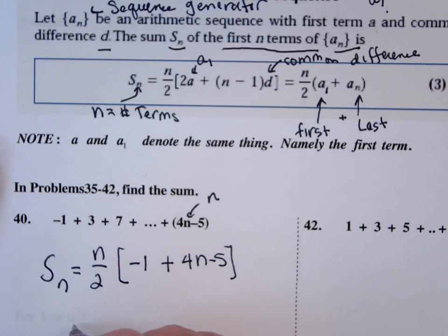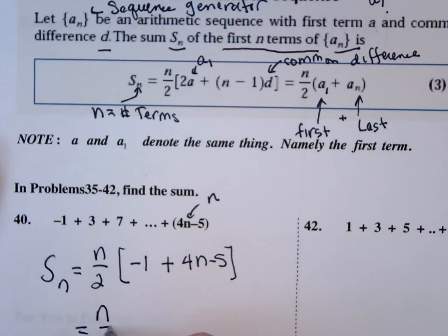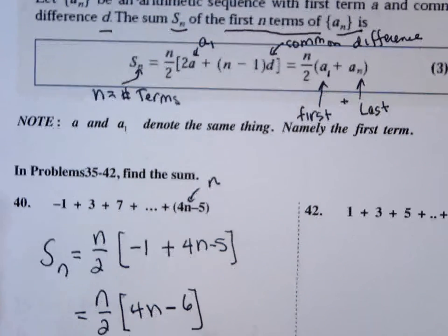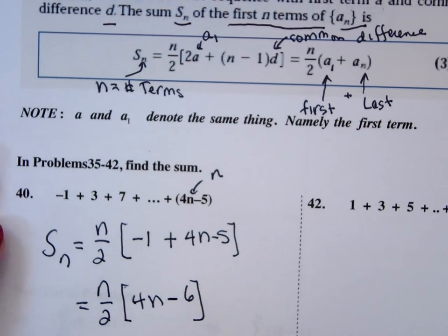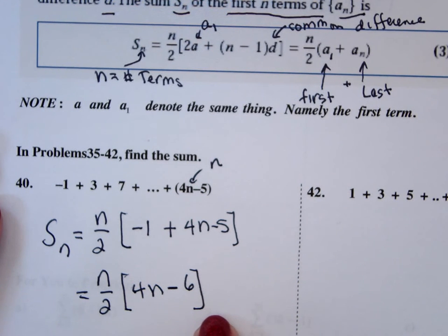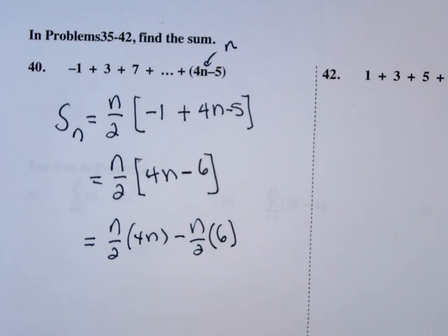So clean it up. So it's n over 2, and it's minus 1 minus 5, so this is going to be 4n minus 6. You could leave it that way if you like, but that's not the way you would see it in the book. The book would multiply through by n over 2. This would be n over 2 times 4n minus n over 2 times 6 using the distributive property.